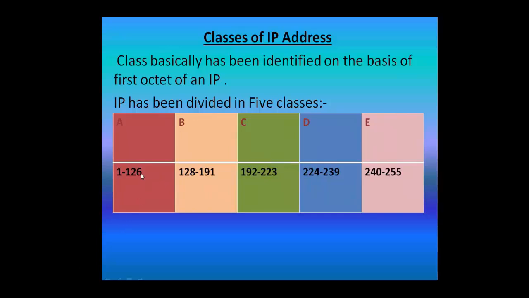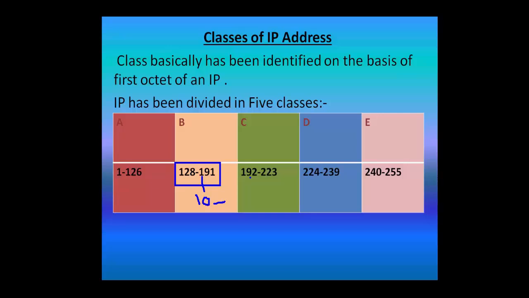Any number between 1 to 126 you convert to binary always starts with 0. You can do a lot of practice here. Any number in the B range you convert to binary always comes with 10; the remaining bits, don't care.